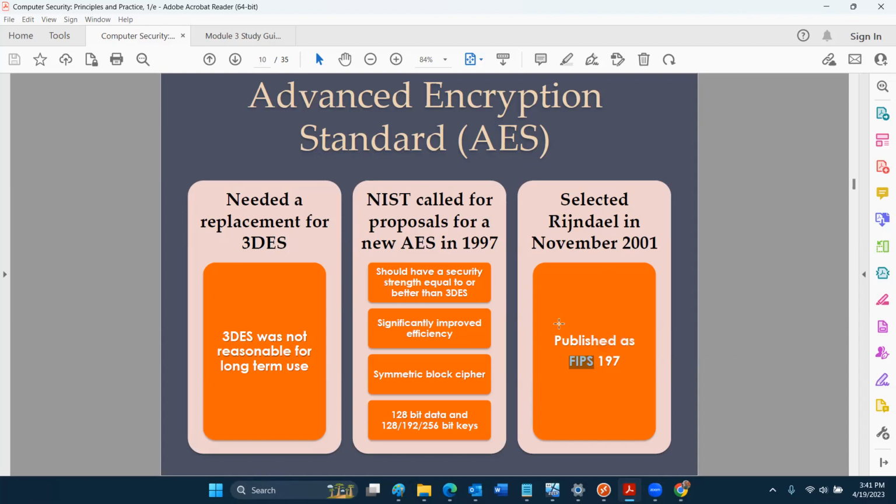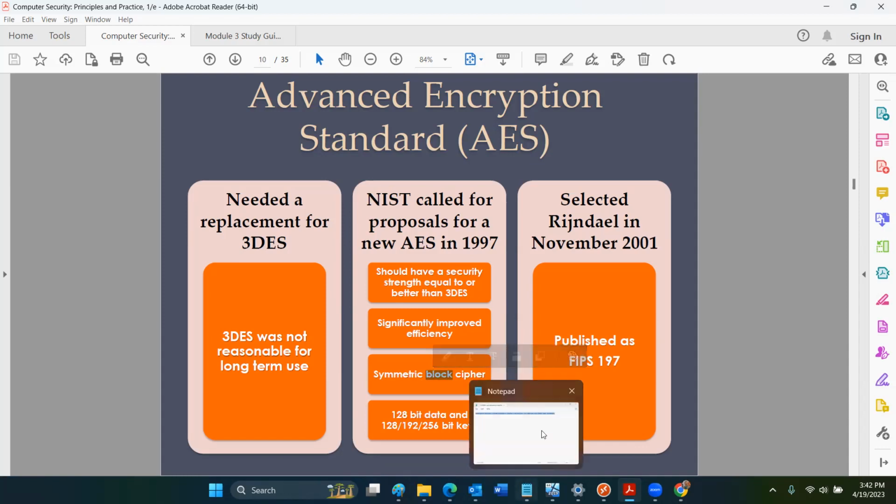There's information about this. Has anyone ever heard of the company RSA? No. Okay, well, if you look into the history of this, it turned into a really big thing commercially. I want to say RSA is part of that, but it uses a symmetric block cipher.